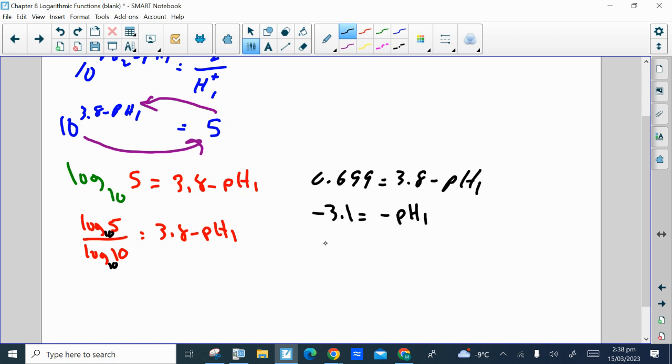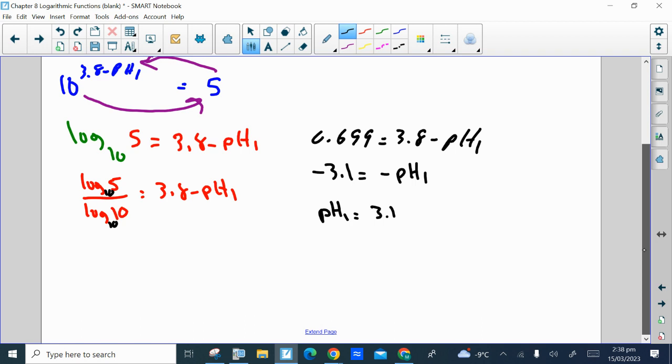Divide both sides by negative 1, and the pH of the apple is 3.1. We needed it closer to 0. If it's more acidic, it's closer to 0, and 3.1 is closer to 0 than 3.8, so that tells us we set up the original expression correctly. The 3.8 minus pH 1 was the correct way to set it up. Okay?